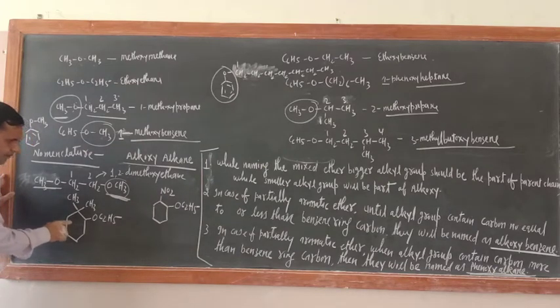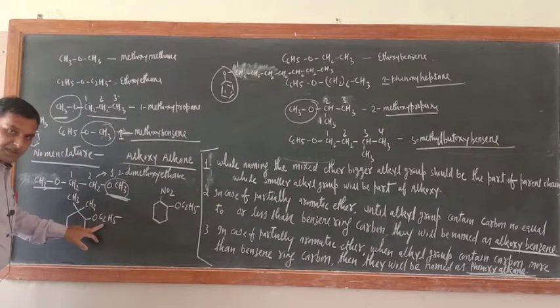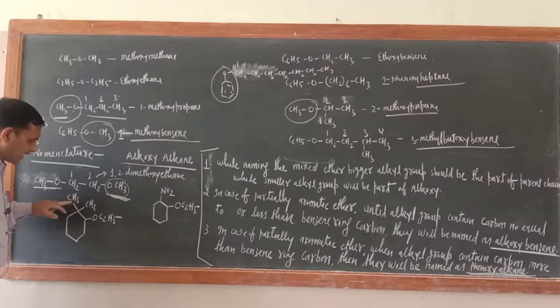And what is the name of this compound? Just see. This compound is very important. See, alkoxy groups are always treated as prefix, and alkyl groups should also be treated as prefix.